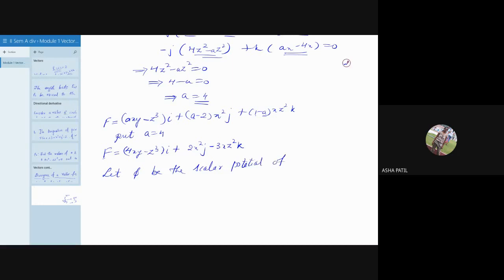Scalar potential of f. Now using this phi, where phi is a scalar, you have this vector. Let's go for the gradient. What is del phi equal to?